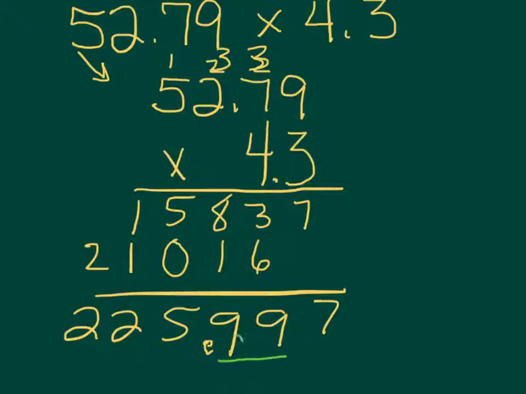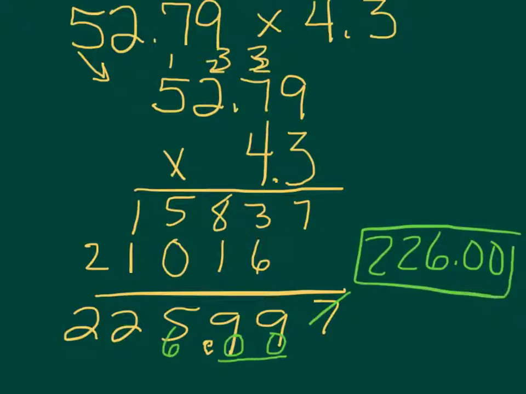So these two would become zeros, while this became 1 higher. So 599 would become 600 when you carry this over. So your final answer would be $226 if you were rounding that to 2 decimal places. If you weren't, you would simply keep the original number, the 225 and 997 thousandths.